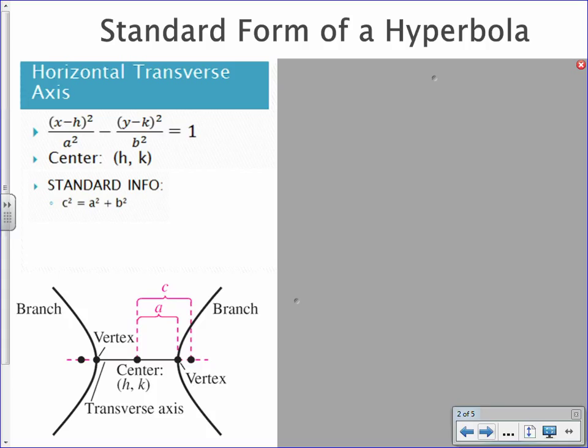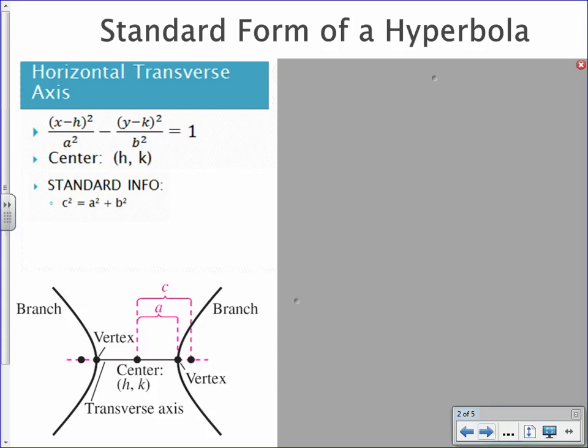We have a new way of finding c. For a hyperbola, c squared will be a squared plus b squared. So you have to remember that difference as well. Now I do want to point out there is no mention of a being bigger than b. It does not matter which denominator is bigger. What is important here is that a squared will be under the positive variable.